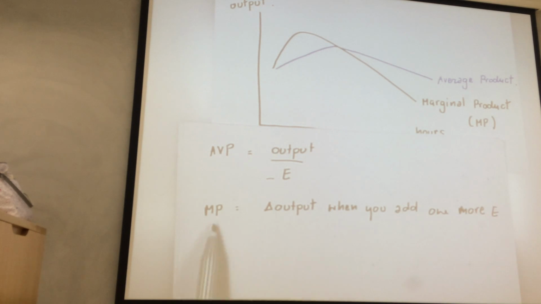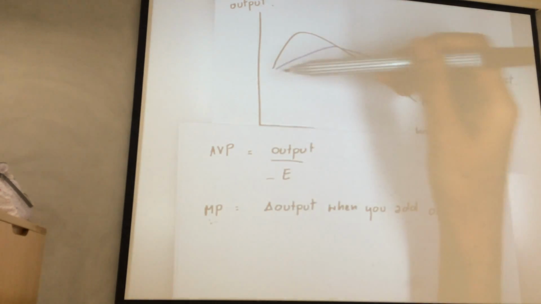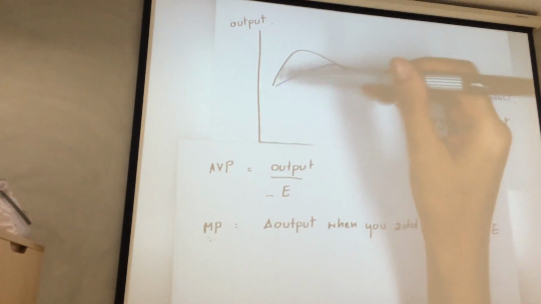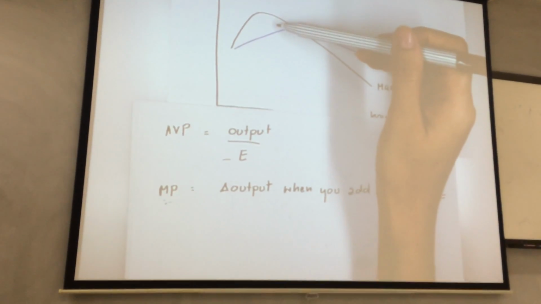But if you look at marginal product, if you add one more person or one more hour to the production, the contribution to the output would be the marginal product, right? If the contribution of that additional unit is higher than the average product to begin with, which is the area right here, up to this point, this is when marginal product is higher than average product.